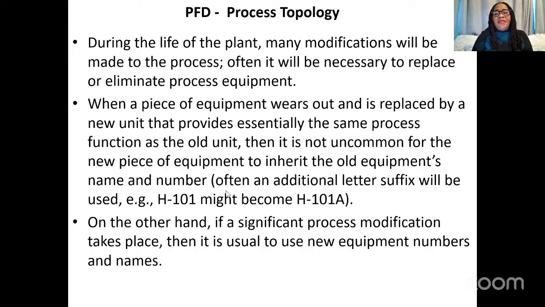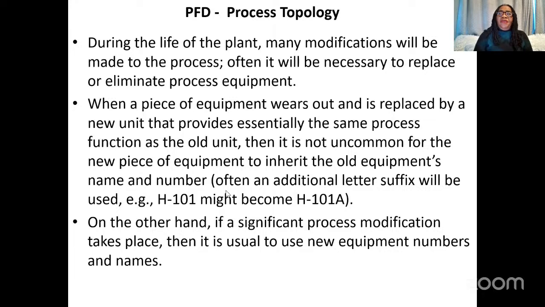So when a piece of equipment wears out, it is replaced by a new unit that provides essentially the same process function as what the old unit was providing. Then it is not uncommon for the new piece of equipment to still inherit the name of the old equipment and the number. So often an additional letter suffix will be used.